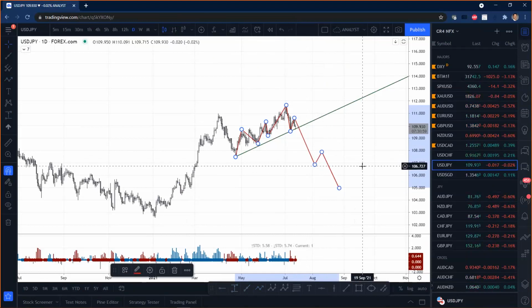That's more a function of the yen itself versus anything to do with the dollar, because the dollar could be very, very strong versus the other currencies, but sometimes these currencies move independently, right?